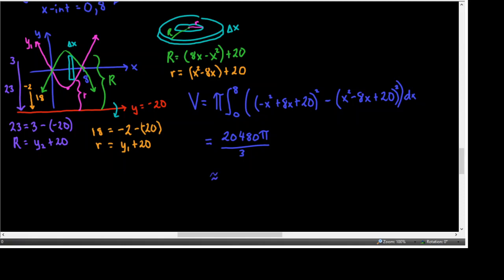And that should be 21,446.606. And so these are answers that you can verify using Calculus 1 techniques of integrating and substituting and subtracting, all that, to see if you can get this first answer, and then typing the integral expression into your calculator to see if you can get this answer.